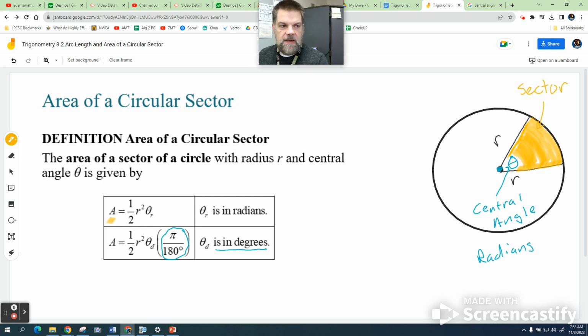Okay. And then lastly, the length from here to here. Does anybody remember what that's called? That's called the arc length.